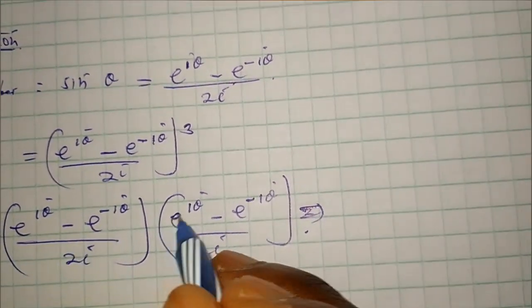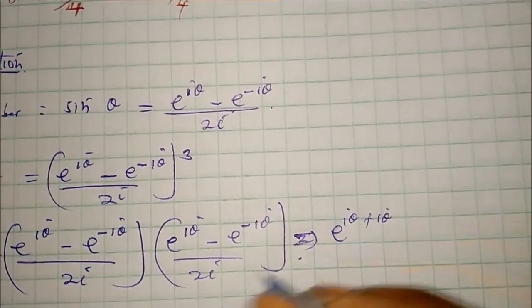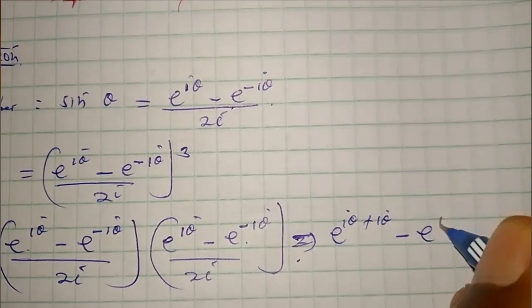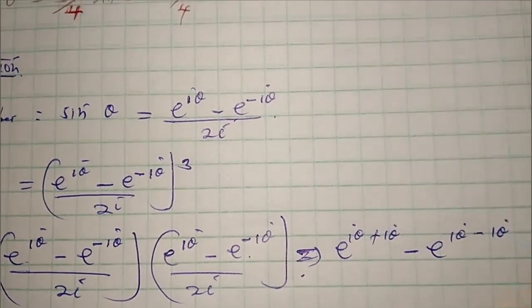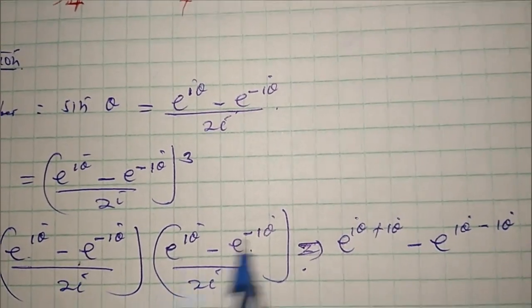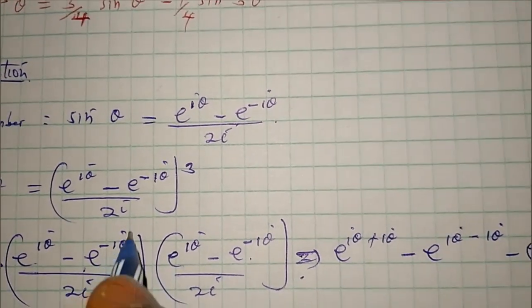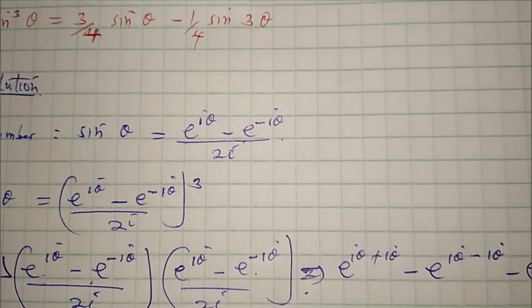So e^(i theta) times e^(i theta) is e^(i theta plus i theta). This times this, it is minus e^(i theta minus i theta). Then this times this, it is minus e raised to power negative i theta, this one, plus i theta, this one. Are we there?